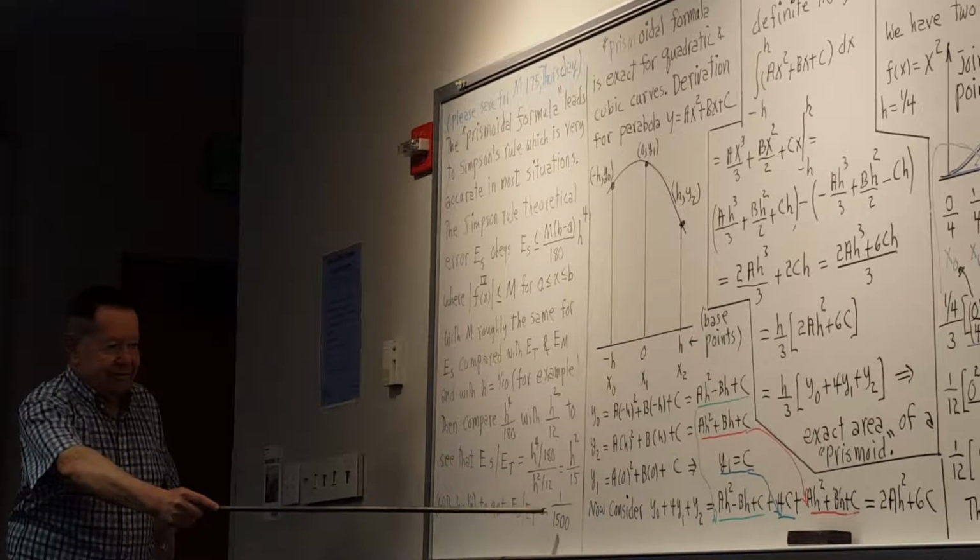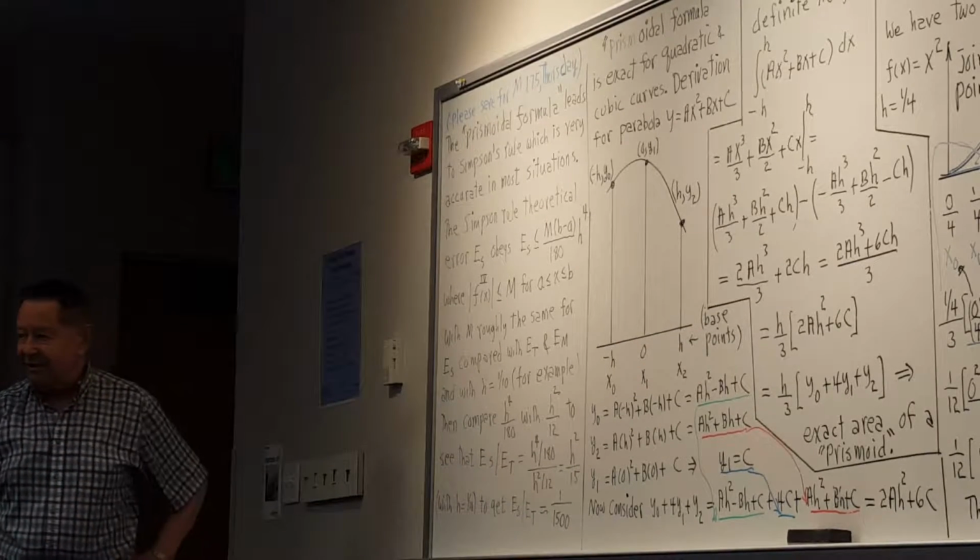So if h is a tenth, the comparative factor is 1 in 1,500.